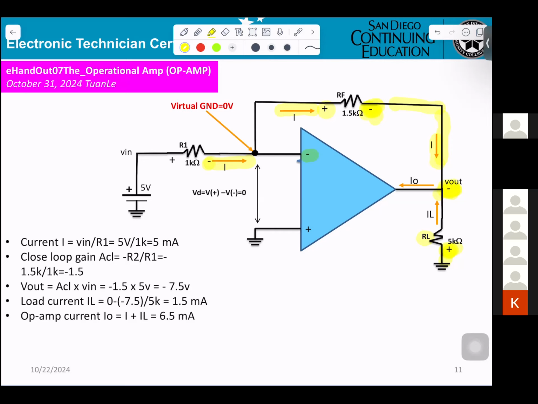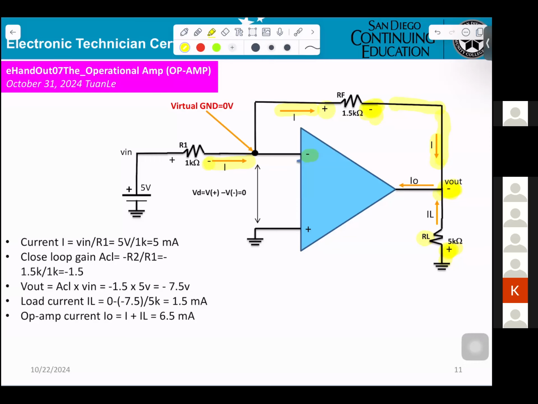Question A, where do they go? Is it they go to the load or they go into the op amp? It goes into the op amp.